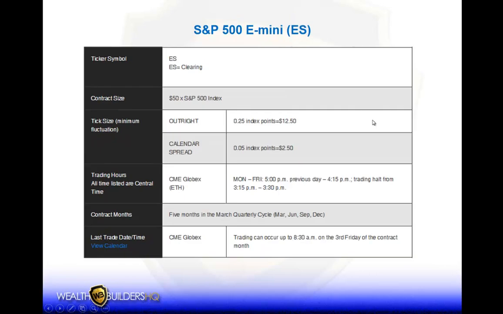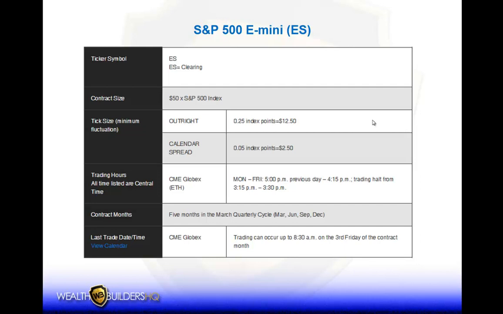Now we look at the S&P 500. Few differences here, but not too much. The ticker symbol is ES. So YM is the Dow, ES is the S&P 500. 1 point is the equivalent of $50. That's the contract size, $50. Well, the difference here is the tick is not 1 point. The S&P doesn't move from 2200 to 2201.